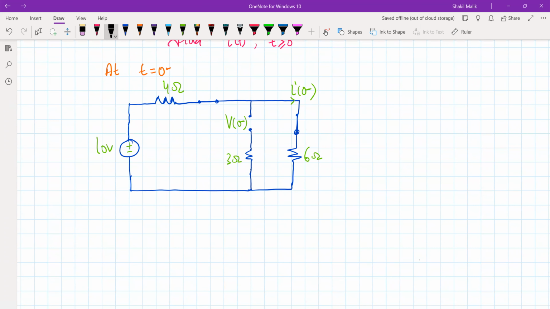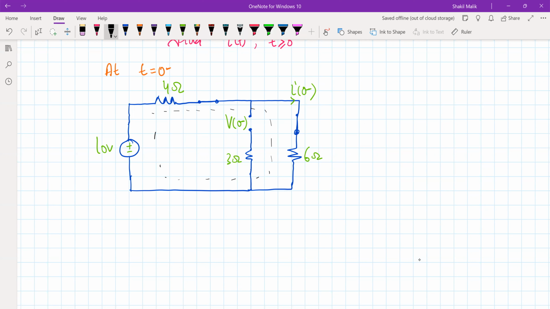So as you can see, there is an open circuit here, so no current will flow in this branch. That means v of 0 minus is simply the voltage across this 6 ohm resistor, and i of 0 minus is the current flowing through it.